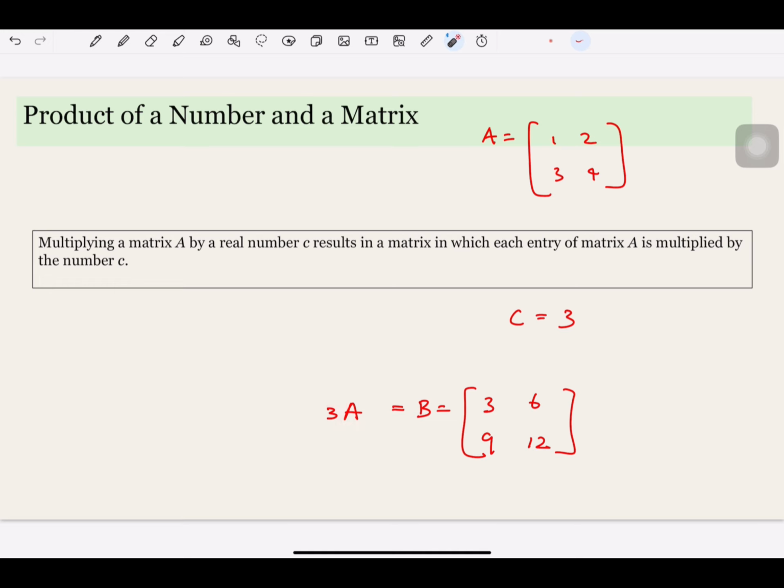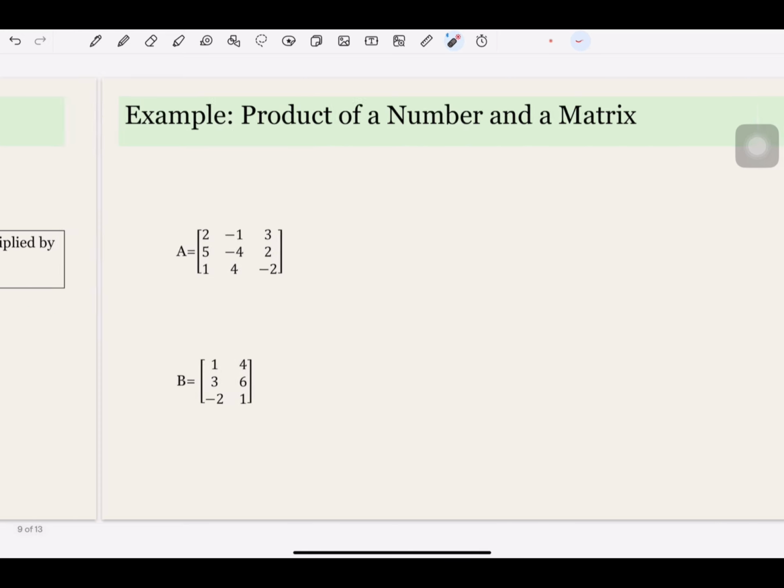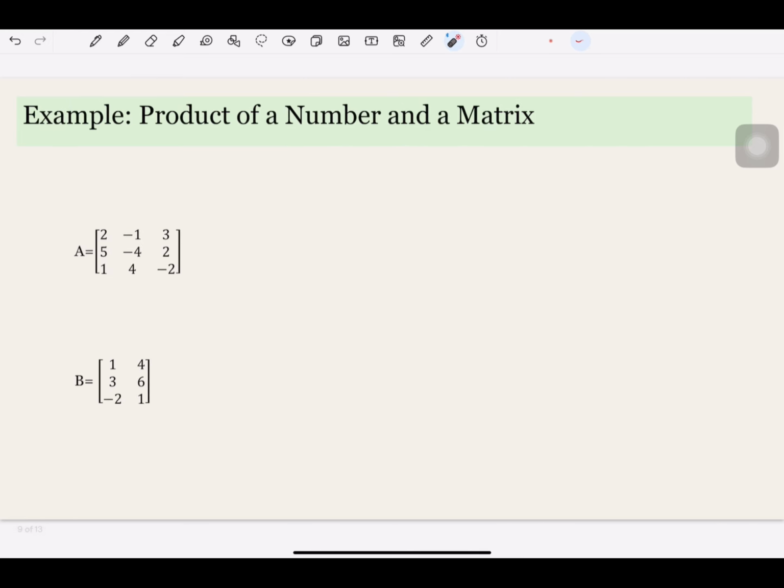So let's try some examples. Okay, so here we have a matrix. Let's say you are asked to multiply matrix A by another constant, 2. So to get this new matrix, you have to take each element in this matrix and multiply it by 2. So it's very simple.